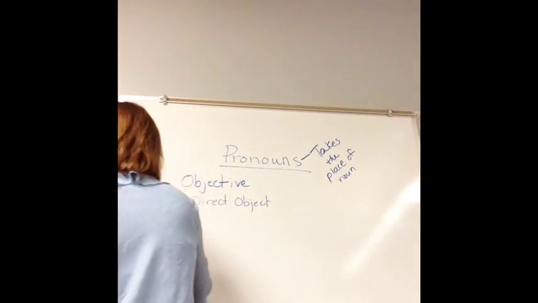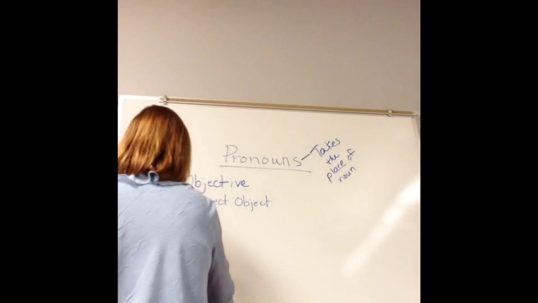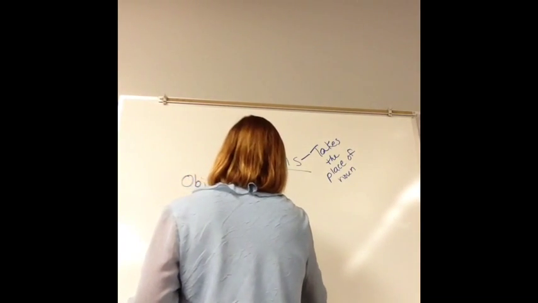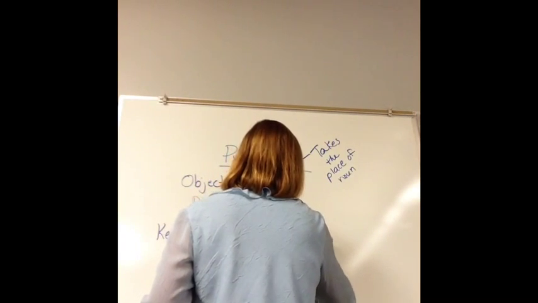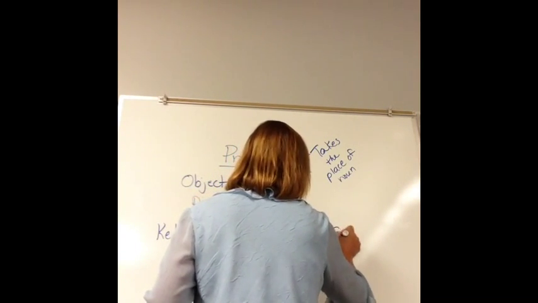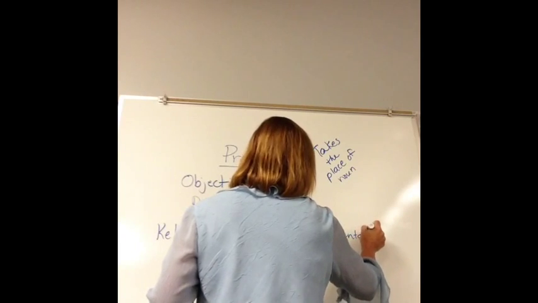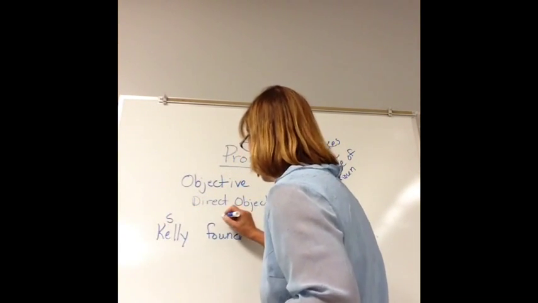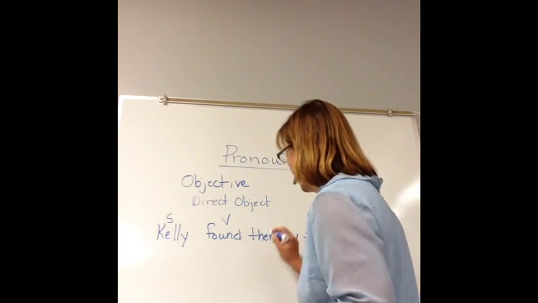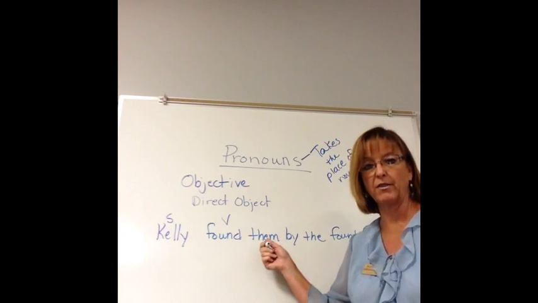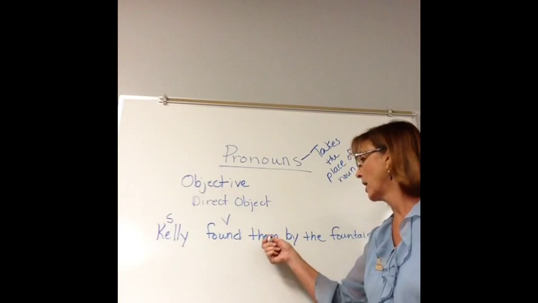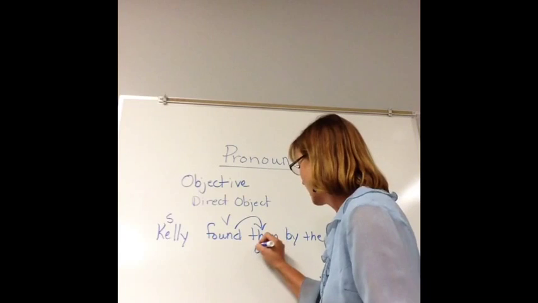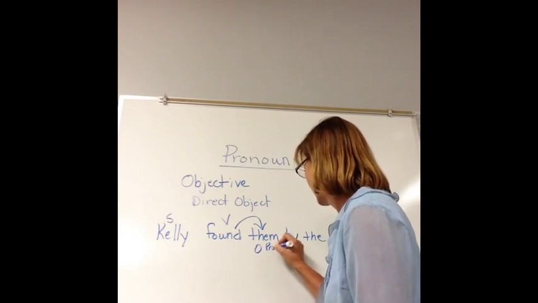For example, if you have a sentence like, Kelly found them by the fountain. Okay, well, here's your subject, here's your verb, and who receives the action of the subject? Well, them. So, them is an object pronoun.